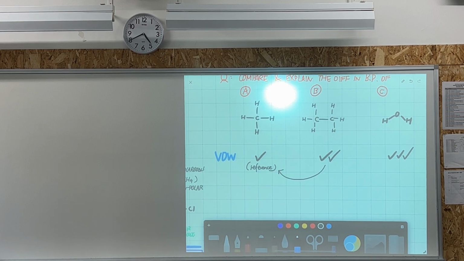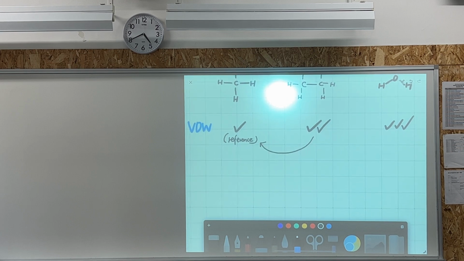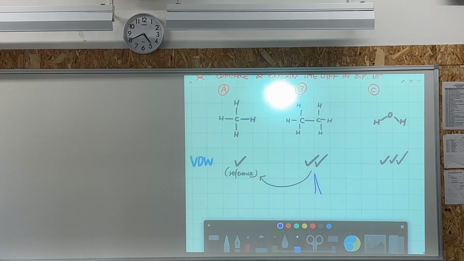Why would B have stronger van der Waals force? Larger size. Can you put that in a short commentary here? This is the description. B is stronger than A in terms of the van der Waals force.